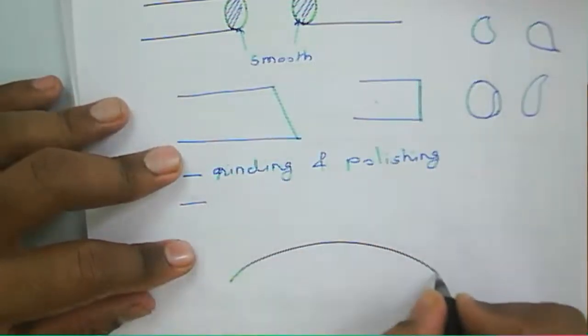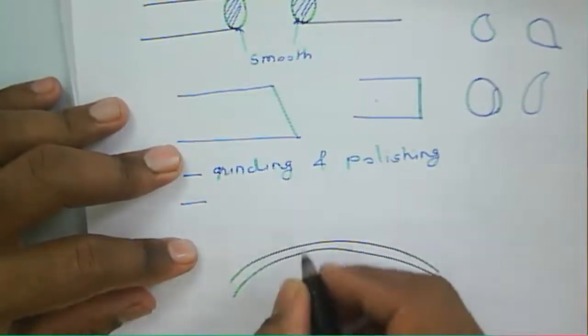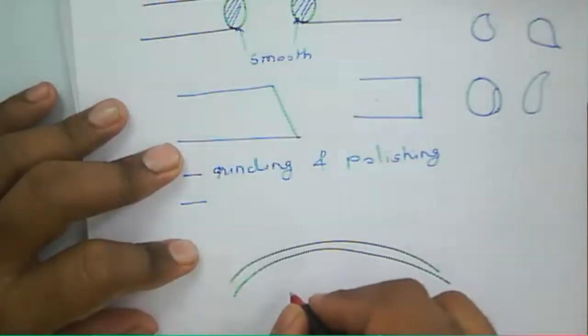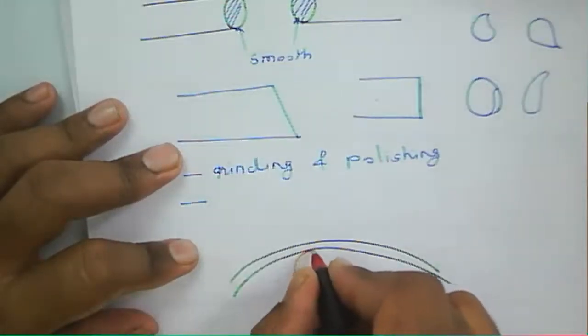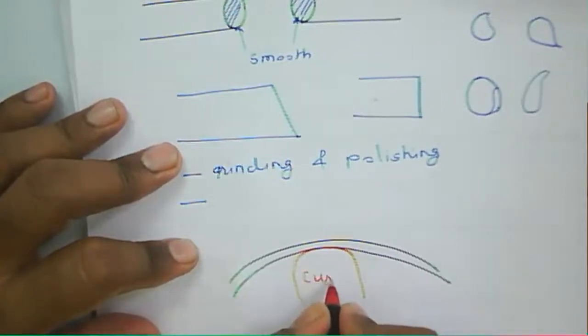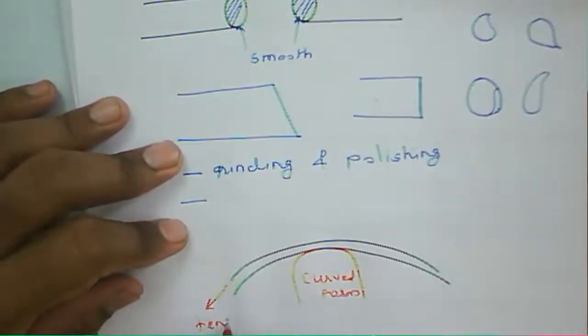So we need to put the fiber on a particular curved form. This is the curved form. Then here we need to apply tension.